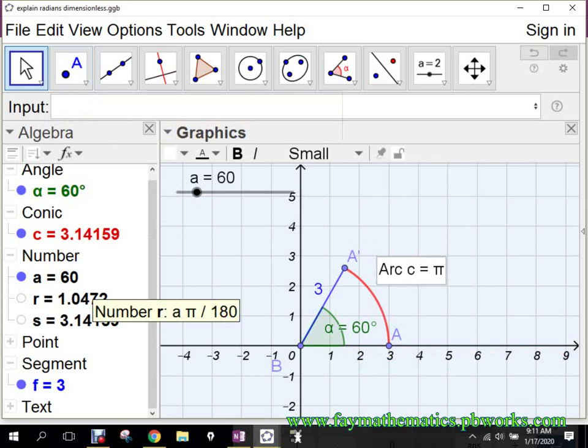If you look right there, it says A times pi over 180, A being the 60 degrees. So here in this R value, I've gotten GeoGebra through algebra, through our formula, through our conversion facts, to change degrees into a radian. Does that make sense?